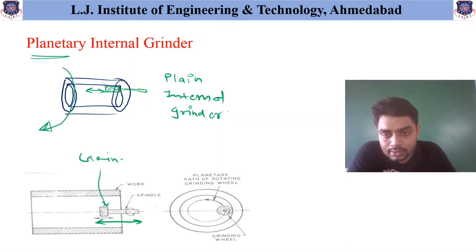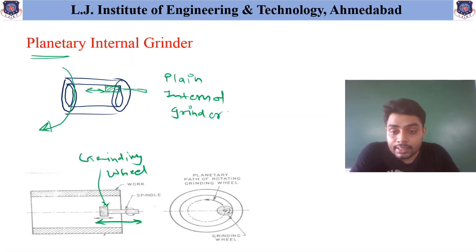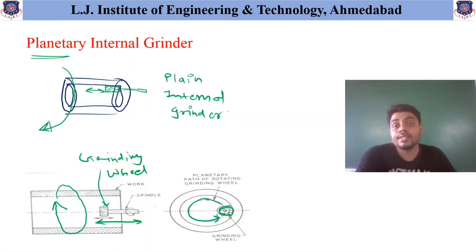This is the grinding wheel, and as it is moved inside and outside the workpiece for finishing purpose, another movement is required, that is it is moved across its periphery also. That means this grinding wheel, with the movement of inside and outside, is also moved over the periphery of the workpiece for finishing purpose.